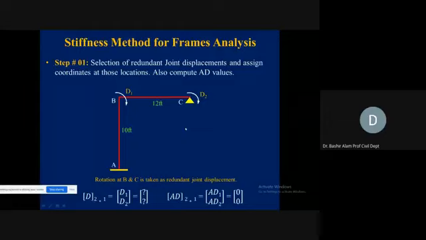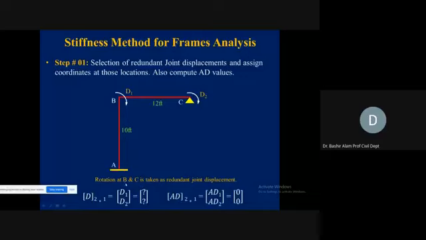So step number 1 is selection of redundant joint displacements and assigning coordinates at those locations. Also compute AD values. So when we select these D1 and D2, we are in a position to look for the corresponding external actions, and those we will include in the AD matrix. So D1 and D2, here at the bottom you see we declare them as our unknowns. Why?